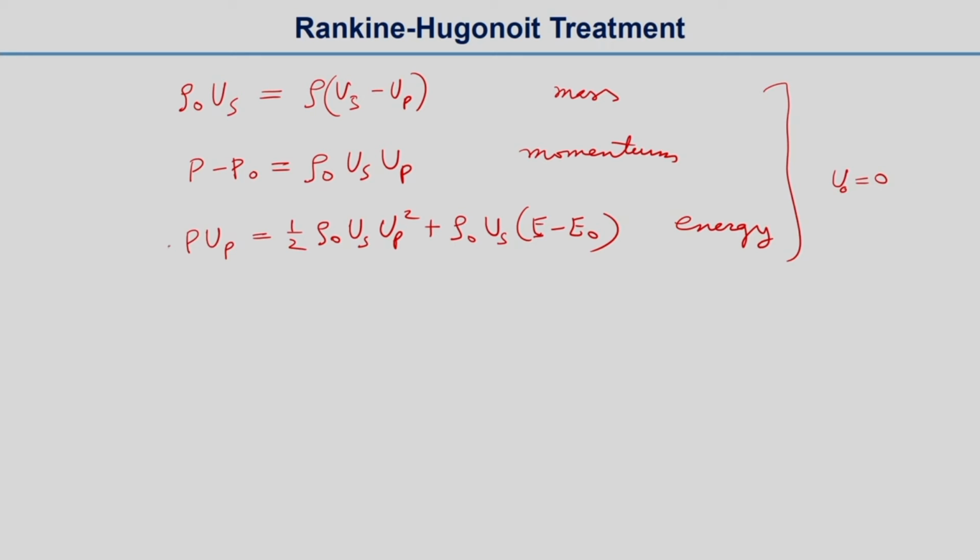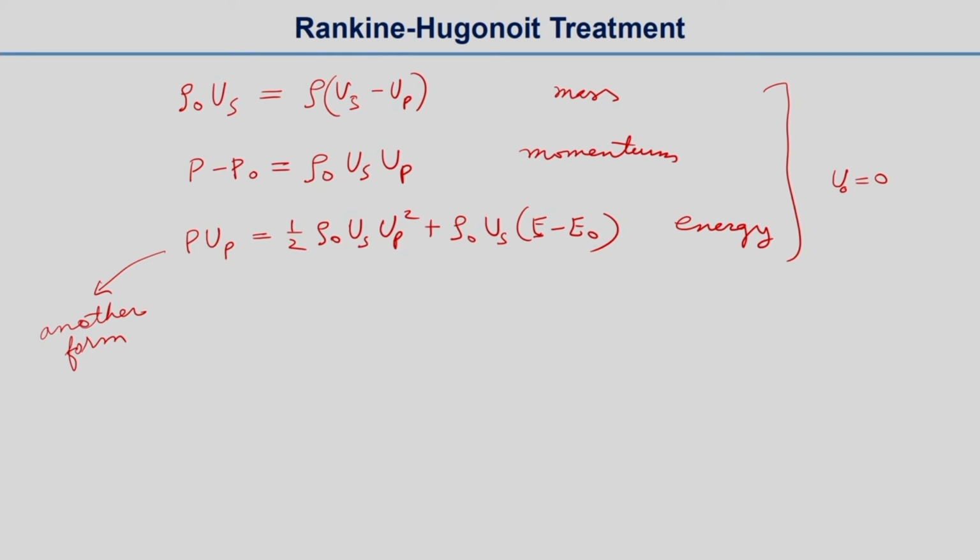So although we have written this conservation of energy in this form, there is another form of conservation of energy that is more popular. So we will work on that, will derive that as well.